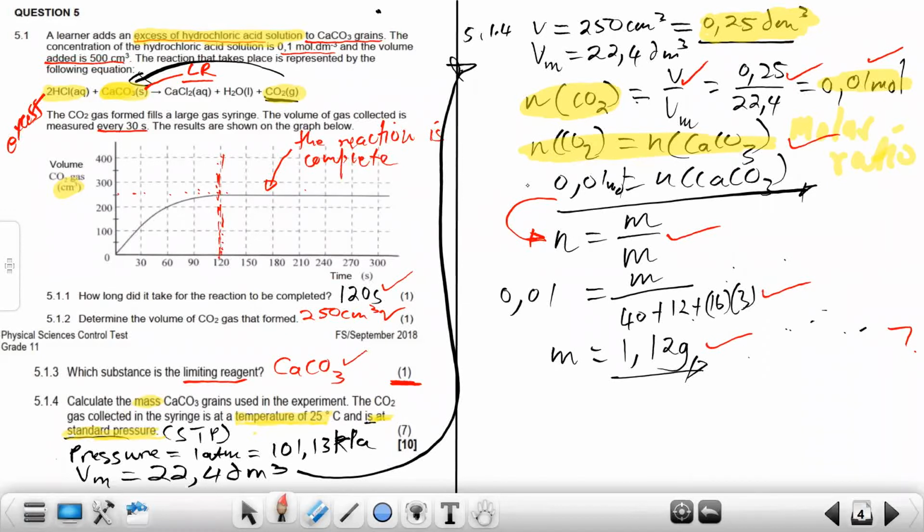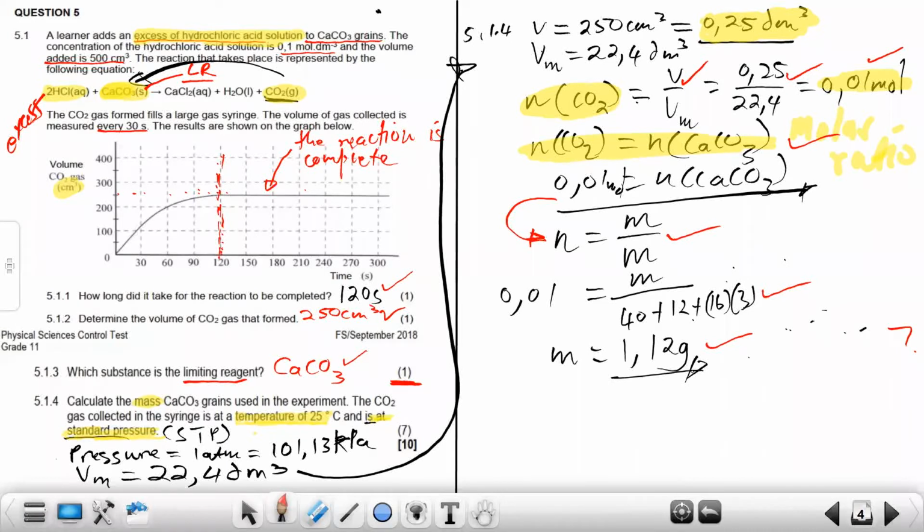Okay. The advice I can give you, Your Excellency, Mr. Marshall, is that in the intermediary steps, like for instance where I divide 0.25 by 22.4, that answer must be a maximum of 5 digits after the comma. And the one that I'm going to use here must be 5 after the comma.